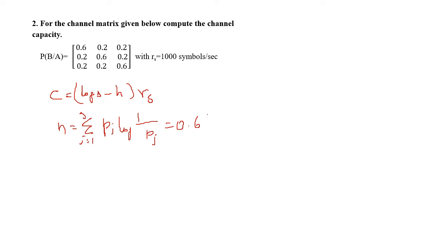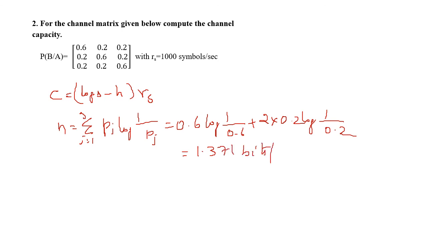So we can write this as 0.6 log 1 by 0.6, and you have the same element 0.2, so we can write it as 2 into 0.2 log 1 by 0.2. So after substitution, this constant value H, you are going to get as 1.371 bits per symbol. Now what is S here? S is nothing but the number of outputs.